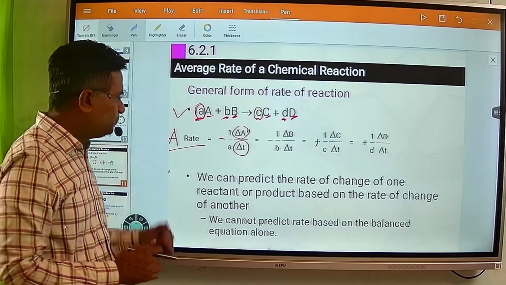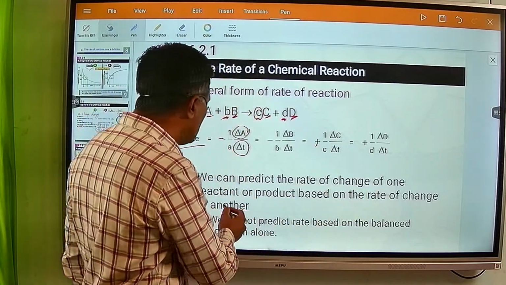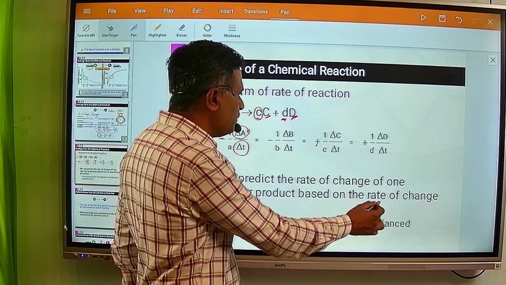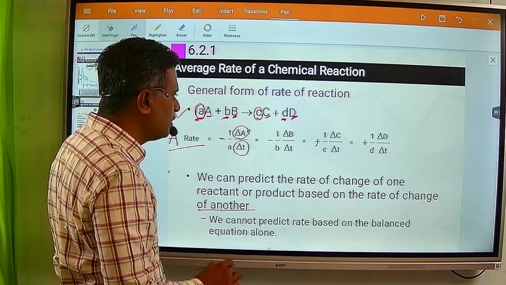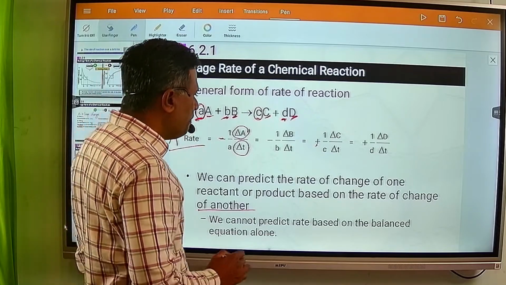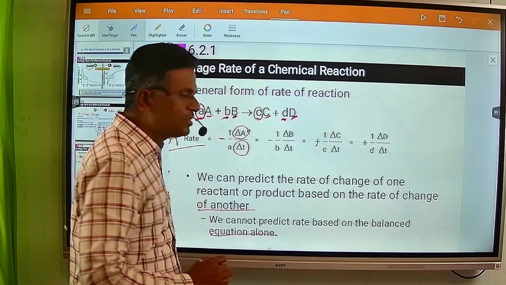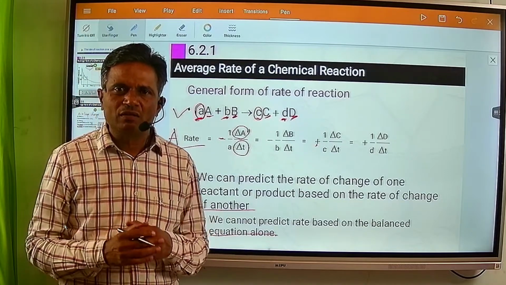Okay, so we can predict the rate of change of one of the reactants or products based on the rate of change of another. We cannot predict the rate based on balanced equations alone. So on the basis of the balanced equation we cannot determine the rate.